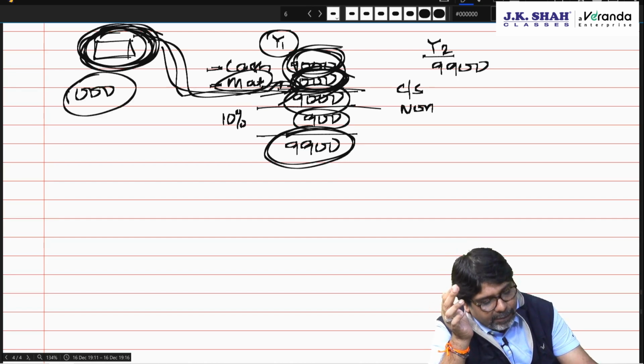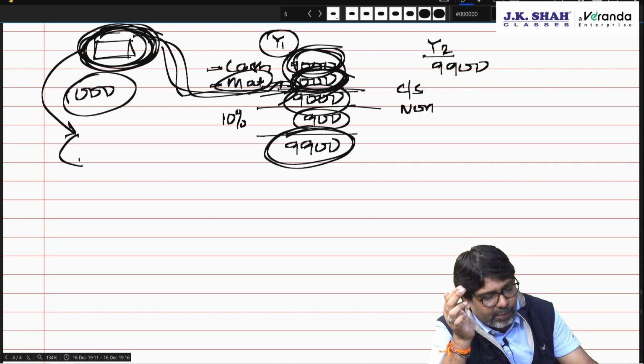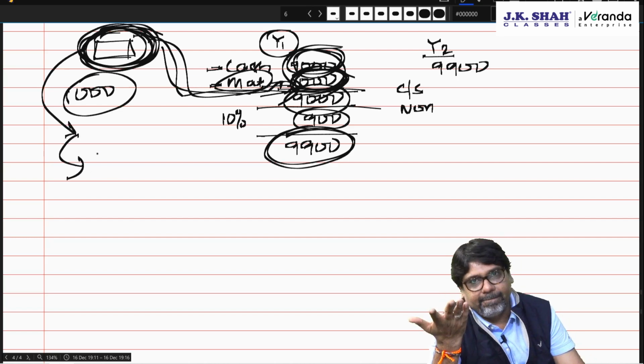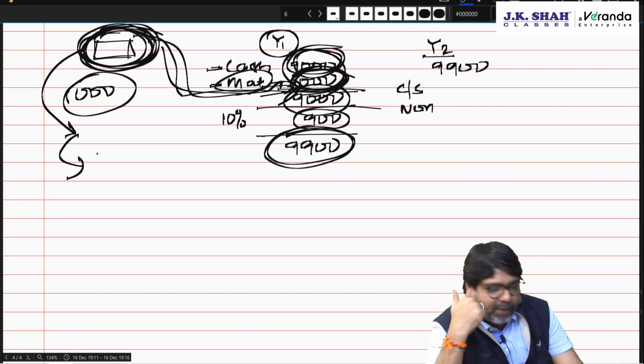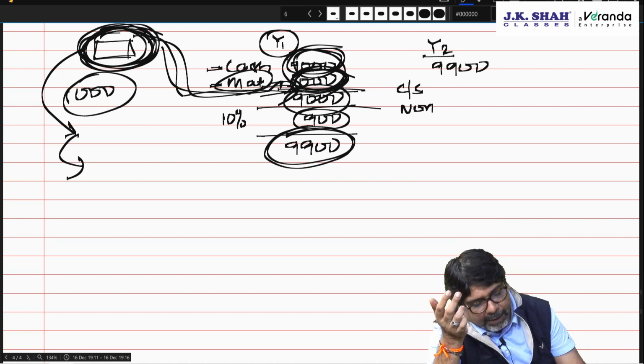Or with this wood you would have created furniture, sold the furniture and repaid the loan. Understood?